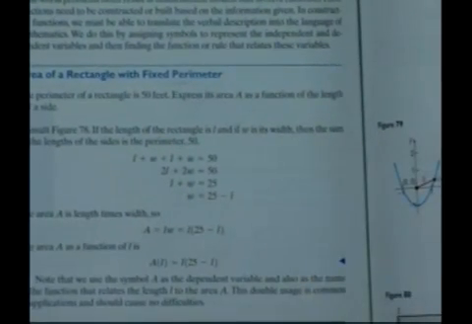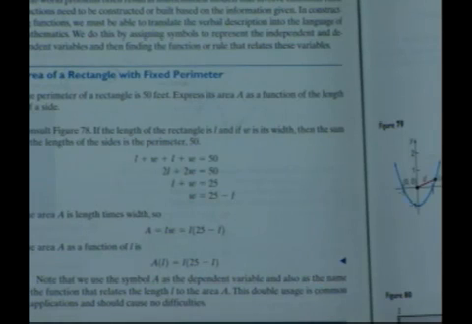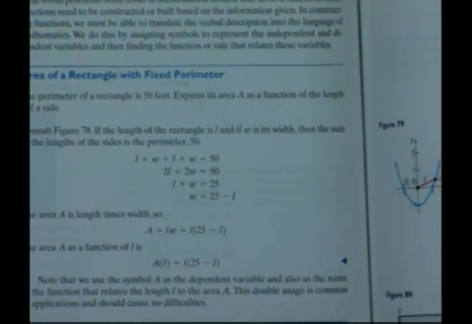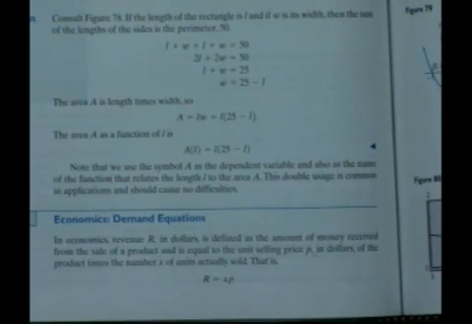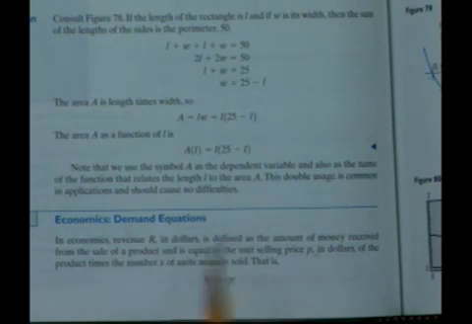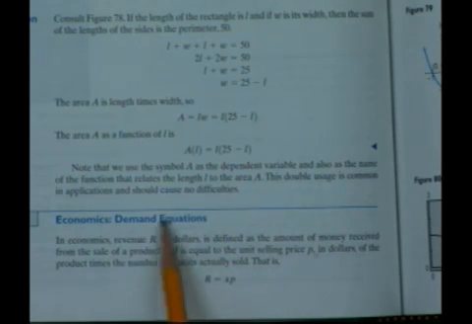Okay, the second example is very calculus related, called the demand equation. I just want to show you, it is right here in your calculus book that you will be working with next semester. The demand equation.